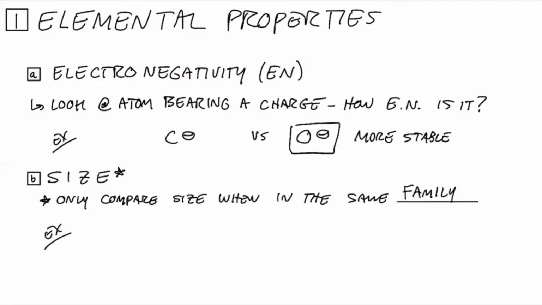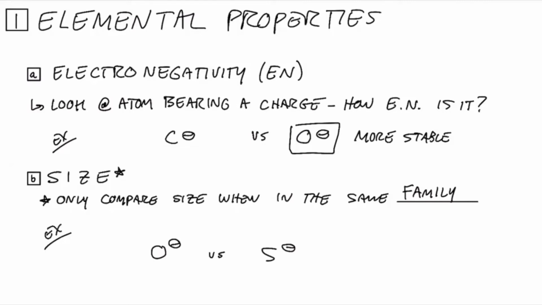So my example for this one, and this is probably the most common one that you'll see anyway, is comparing an oxygen atom to a sulfur atom. And they could have negative charges on them as well, but they're in the same family. Sulfur is right below oxygen, and therefore sulfur has very similar properties to oxygen, except it's got this whole extra set of electron shells that are filled, and that makes it bigger, right?